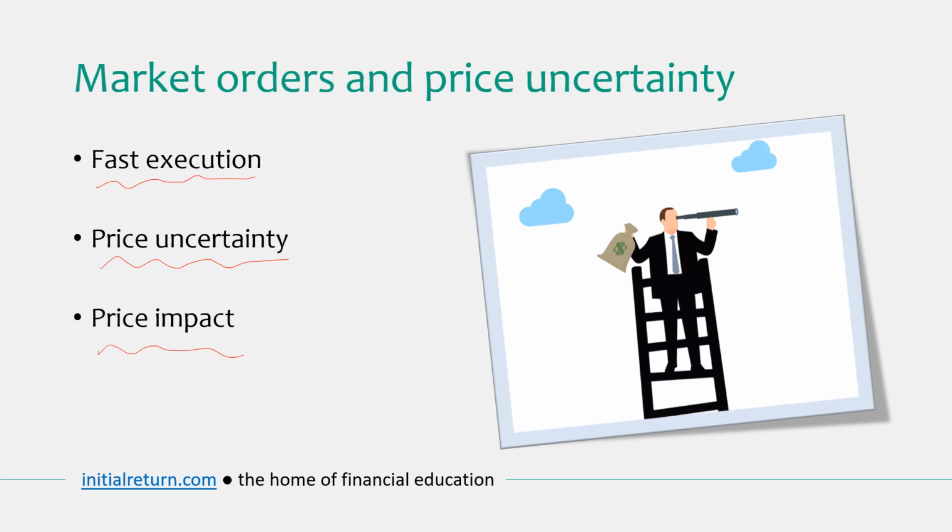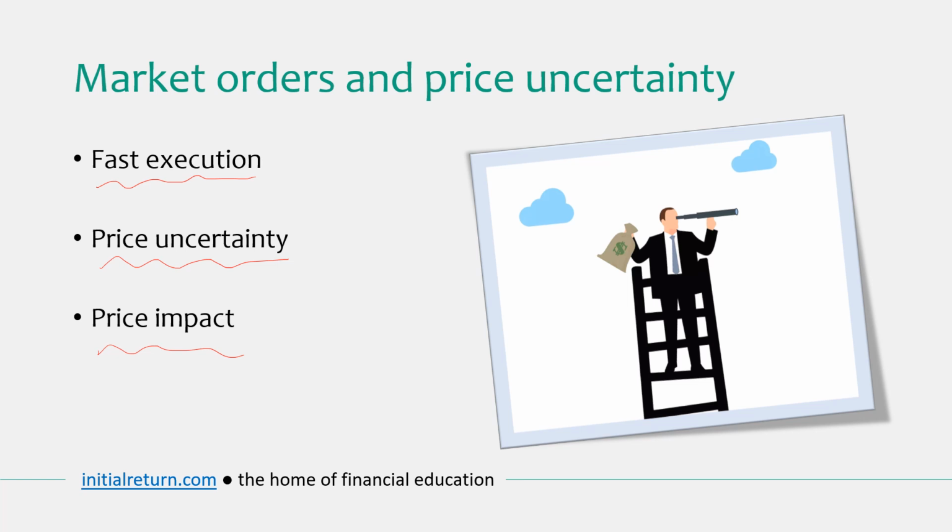And that relates to the depth of the order book, which is an aspect of liquidity, right? So if you remember the graph that I showed you earlier, there was a certain quantity traded at the top of the book. If your order is larger than that, it means that only part of your order can be filled at those prices.